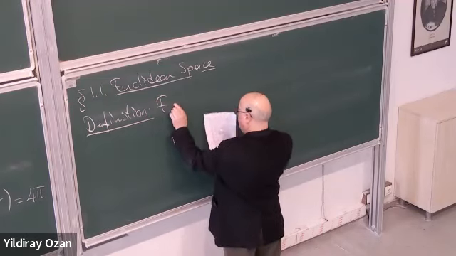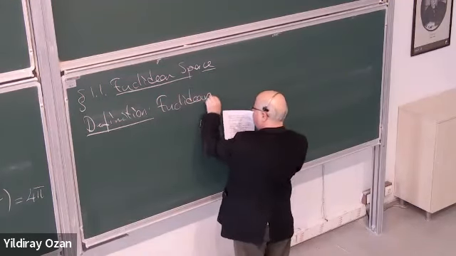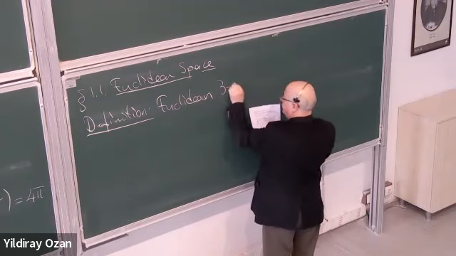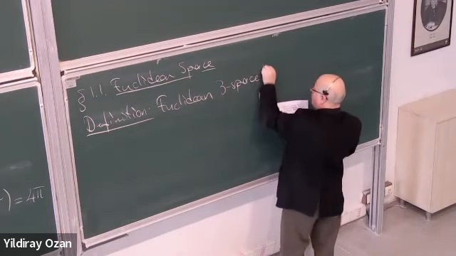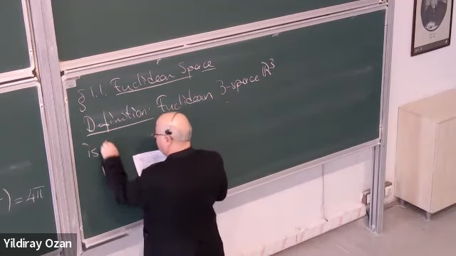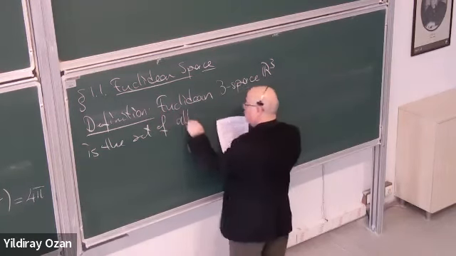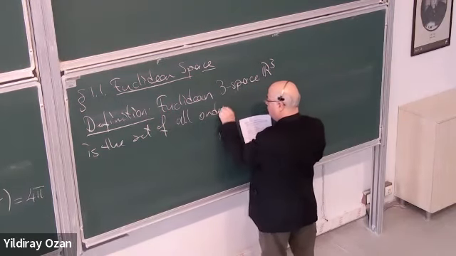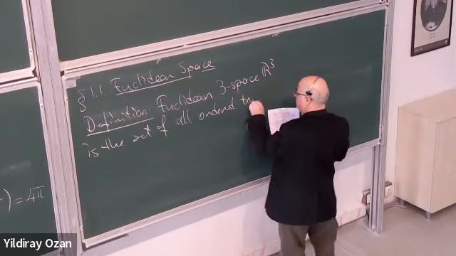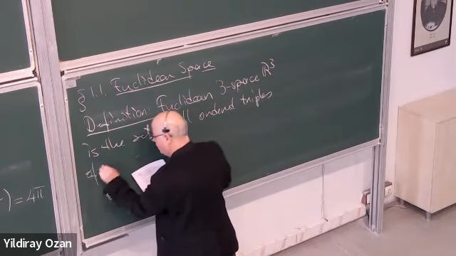So what we mean by Euclidean space, let me explain it. Euclidean 3-space R3 is the set of all ordered triples of real numbers.